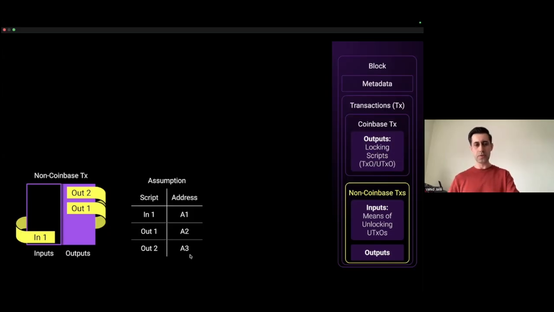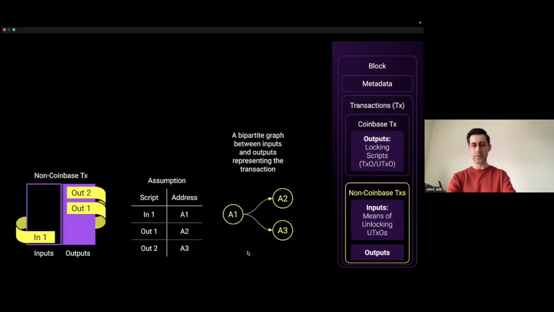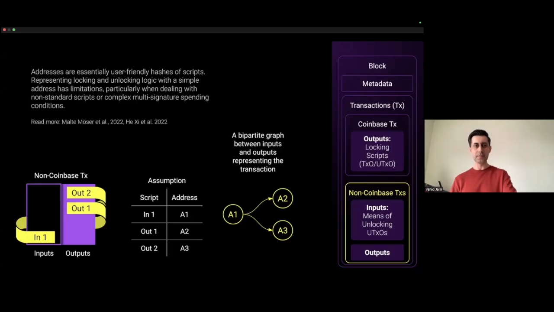The output one is associated with the A2 address, and output two is associated with the A3 address. We can compute these addresses, and then we create a bipartite graph that connects every input to every output. So in this case, we will have one input node, A1, and two nodes, A2 and A3, and there would be one edge from A1 to A2 and A1 to A3, so a bipartite graph.